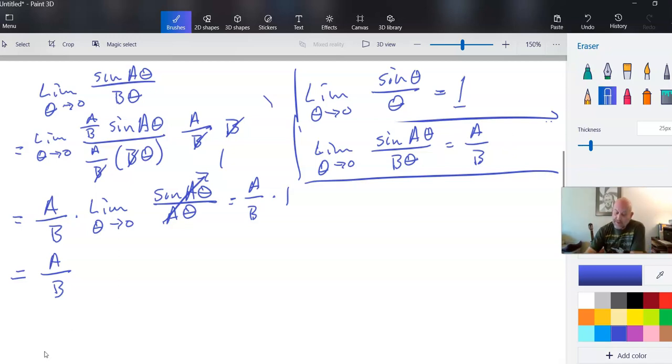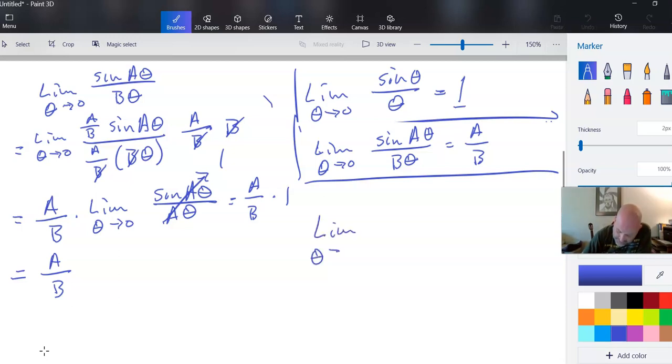So anytime we see a limit where the variable's going to 0 and it has this form, we can jump straight to the answer. This is the power of the mathematics. It's going to save us a lot of work. So that means that the limit as theta approaches 0 of, let's say, sine 25 theta over 6 theta is just going to be 25 sixths.